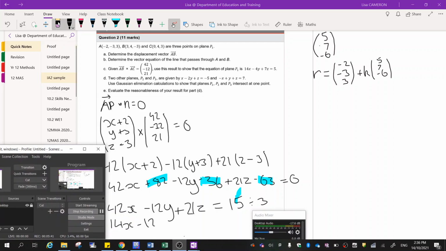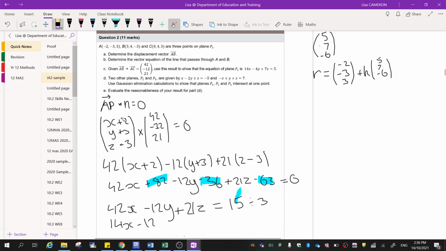Sorry, it is not minus 12, it's minus 4y, and then 21 divided by 3, plus 7z equals 5. Now this is that equation back up here, and so we have just finished that question.